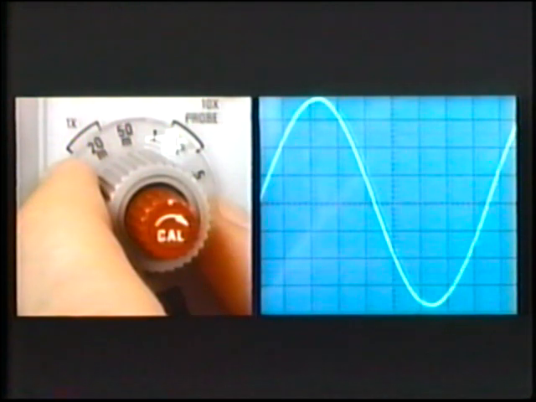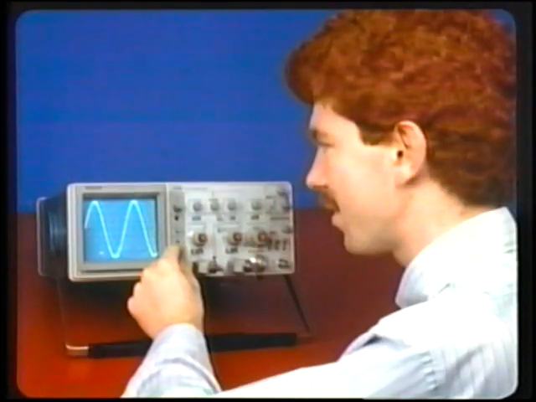Set the channel 1 volts per division selector on the oscilloscope to a position that produces a waveform that fills the screen vertically. The larger the waveform, the more accurately measurements can be made. This completes the basic procedure for operating the oscilloscope and viewing AC waveforms.